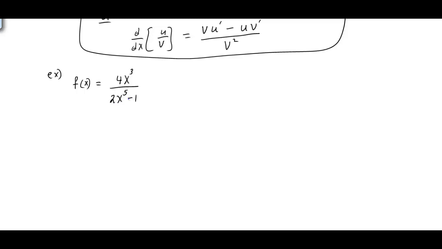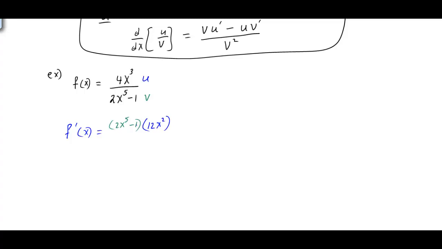Then here we could certainly say, if we call this u and this v, and we're looking for the derivative, it says that we're going to take the bottom function, 2x to the fifth minus 1, multiplied by the derivative of the top, which would be 12x squared.